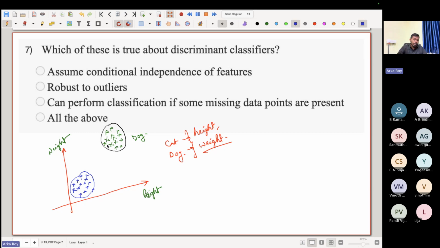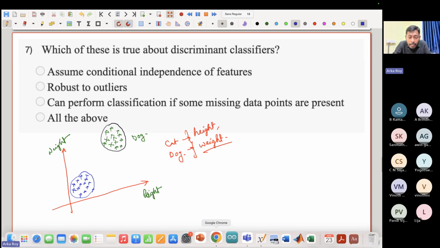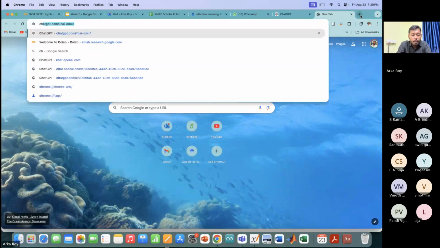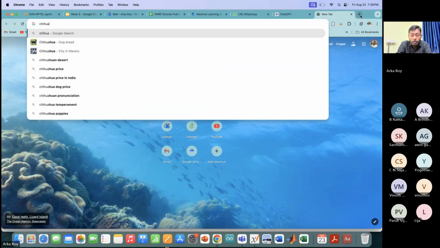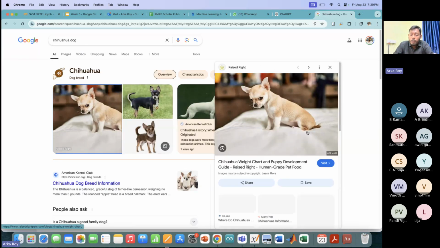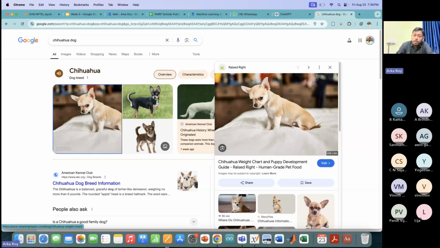Now, let's say I give you an example. This is a type of dog breed, called the Chihuahua dog.